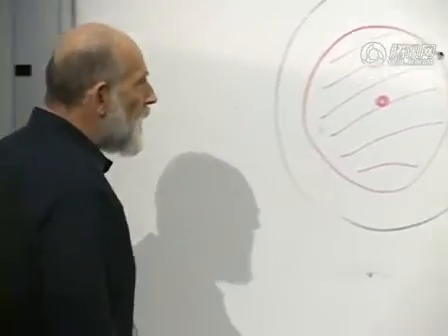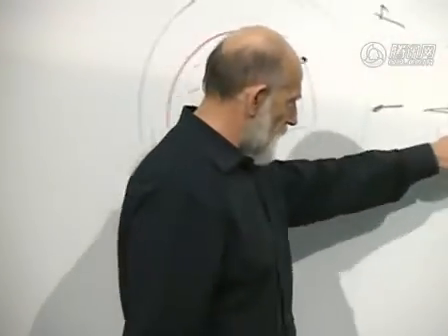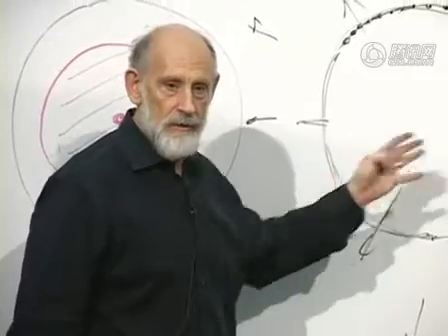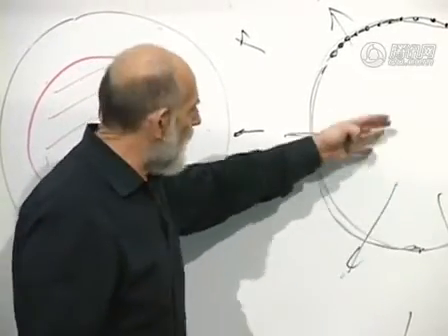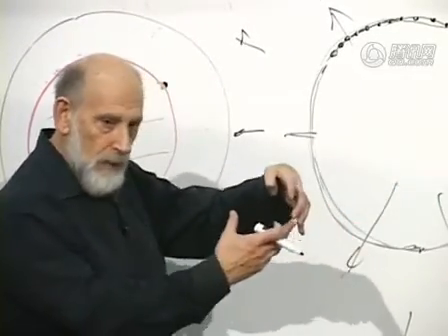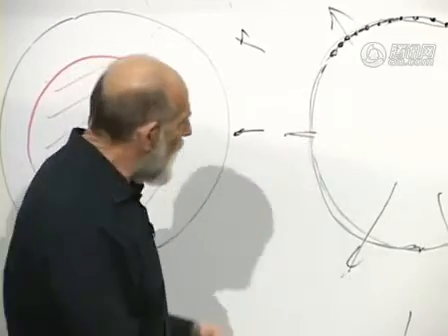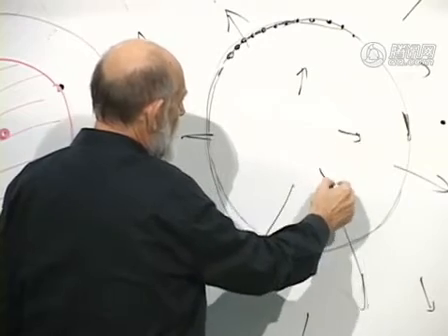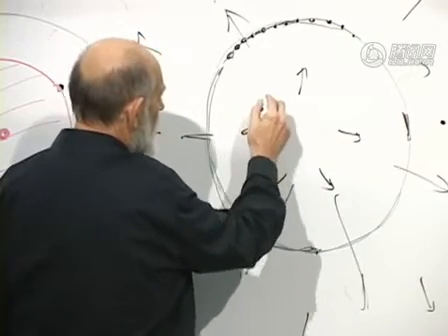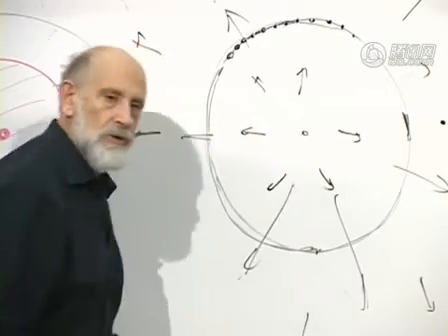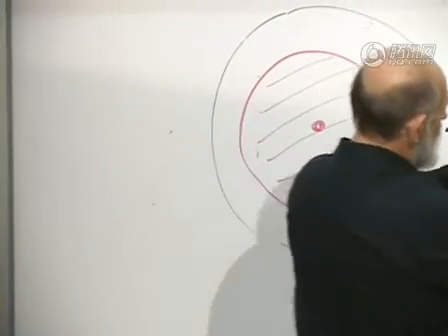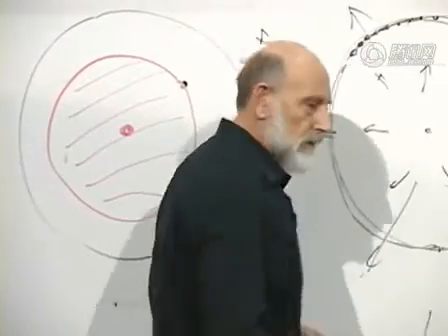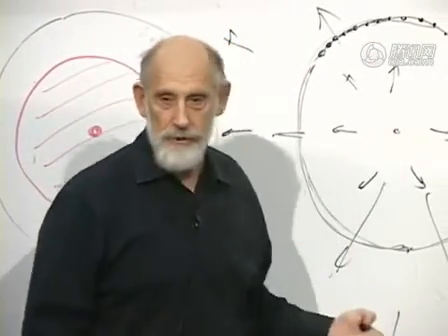But what about inside this circle? Can there be any flow of water? Which direction would it flow in? If it flowed out radially, where would it be coming from? How could it possibly be that there would be water flowing away from the center if there was no source of water at the center?